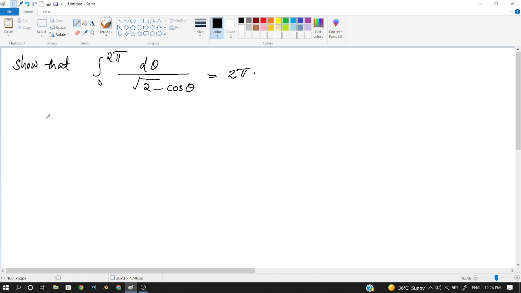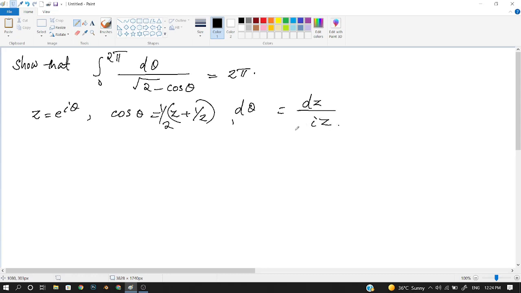So here we can use the substitution z is equal to e raised to i theta, and cos theta is z plus 1 by z divided by 2, so half of that, and d theta equal to dz divided by iz. So these are the substitutions we want to make in our given integral.